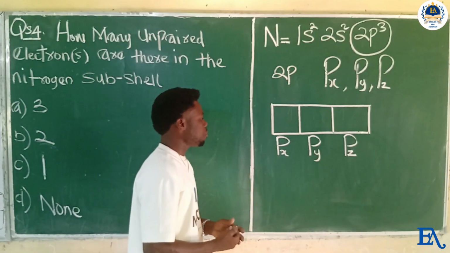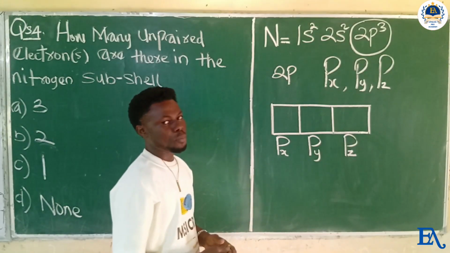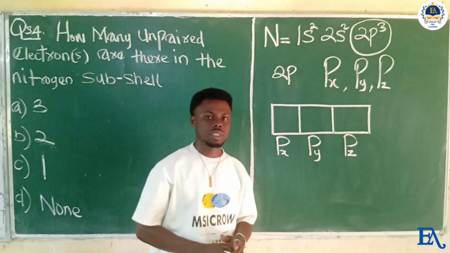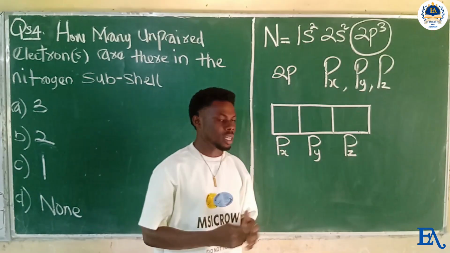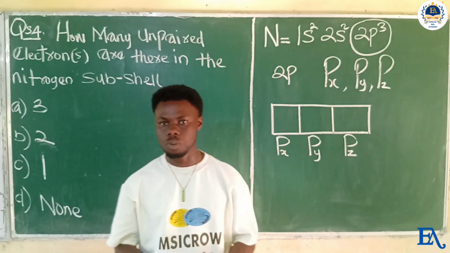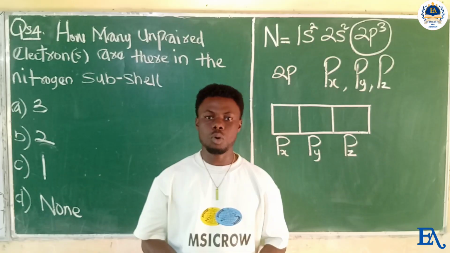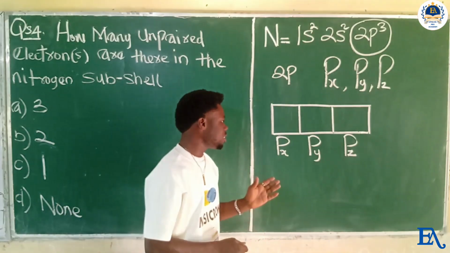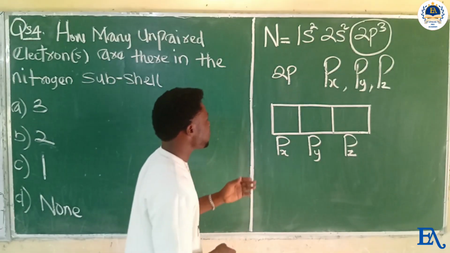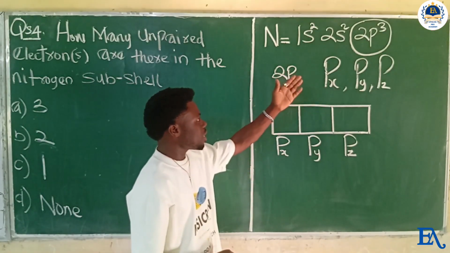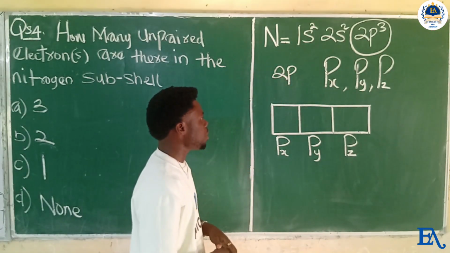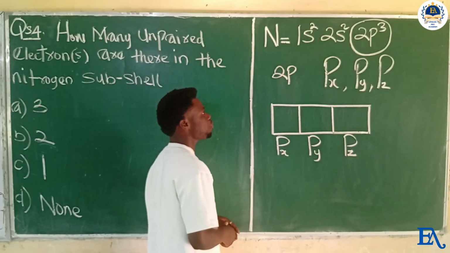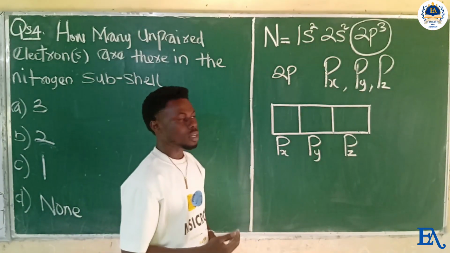In the first orbital, we can actually put one electron before moving to the next orbital. This is governed by what we call Hund's rule, which states that electrons occupy each orbital singly first before pairing takes place in a degenerate orbital. So by filling this, remember the last orbital is 2p3. Since you're having 2p3, there are 3 electrons.